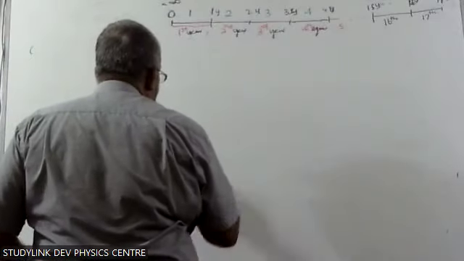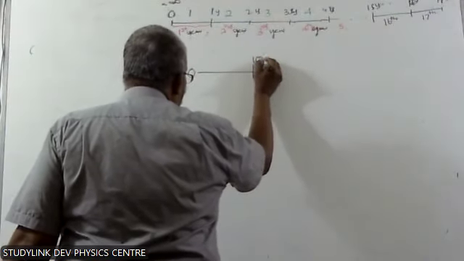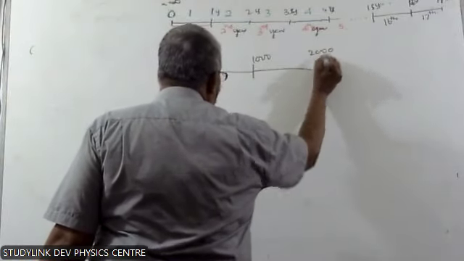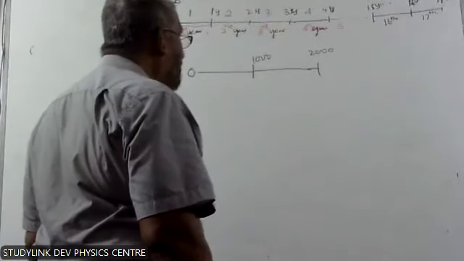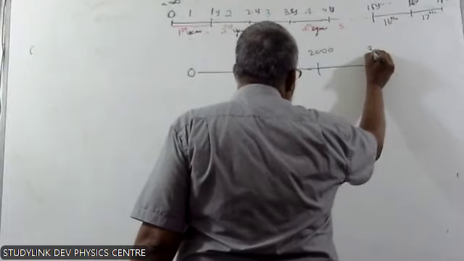Millennium means 0 to 1,000, 1,000 to 2,000, and after that 2,000 to 3,000.